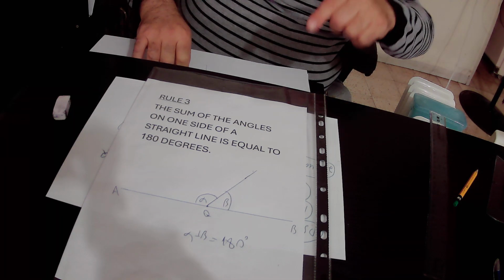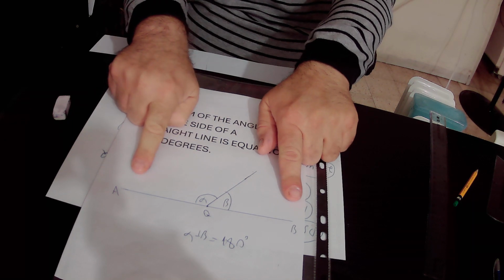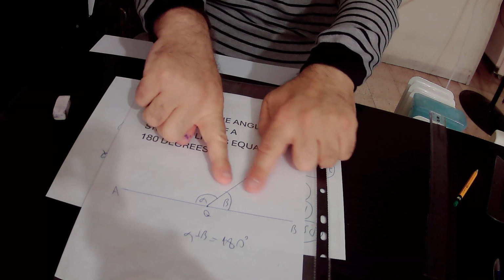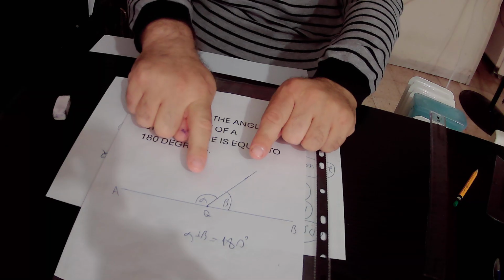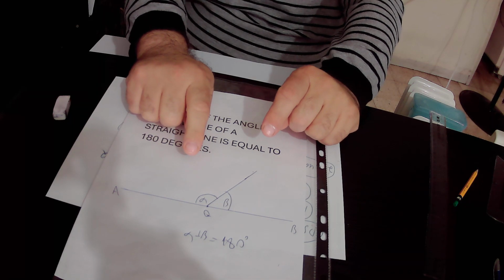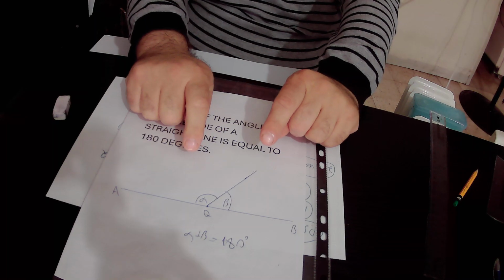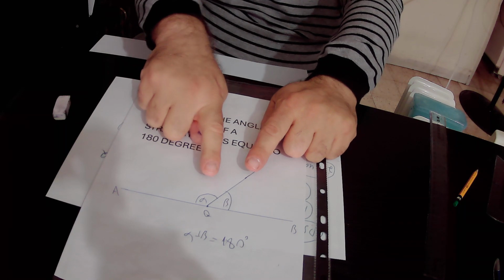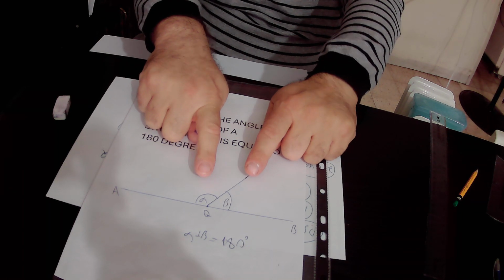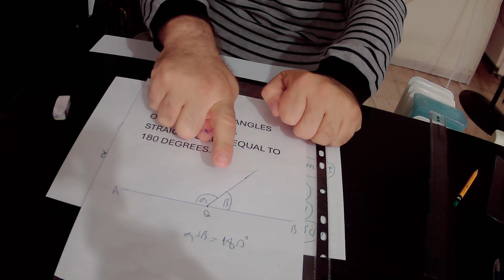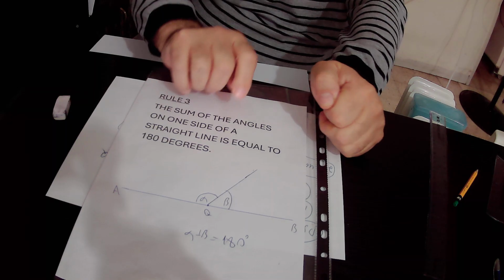So in the drawing we have this straight line AB. If we focus on the upper side of this straight line AB at point Q, here the sum of the angles must be equal to 180 degrees according to this rule number 3. So which angles do we have in the upper side of AB at point Q? We have this angle that is alpha and the other angle that is beta.